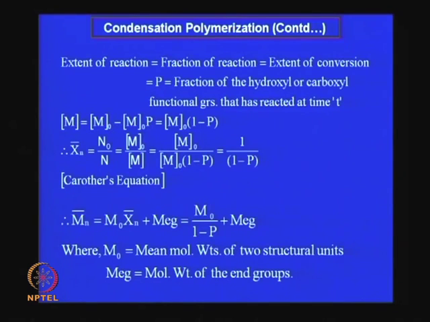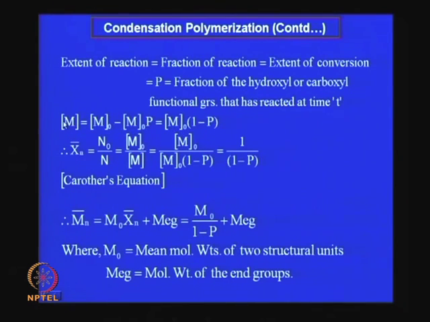If the extent of reaction is p, then p multiplied with initial concentration gives you the amount of monomer that has been consumed or converted to polymer. So, the monomer remaining is the initial concentration minus the amount that has reacted. So, M0 into 1 minus p.